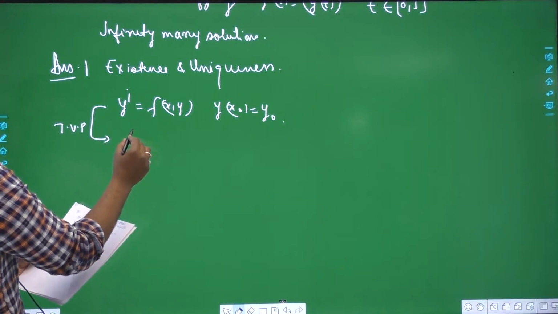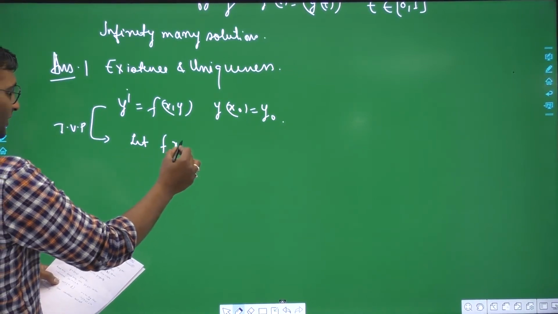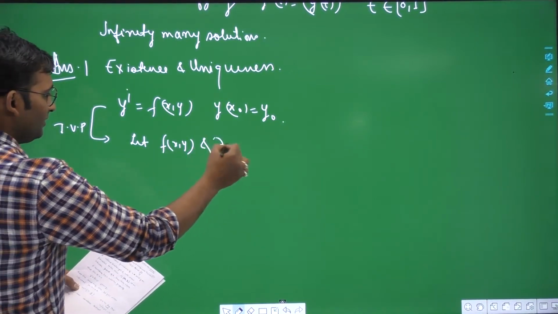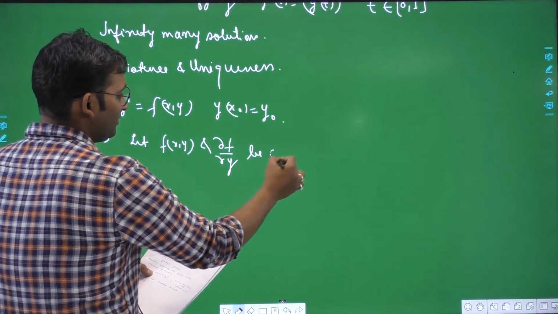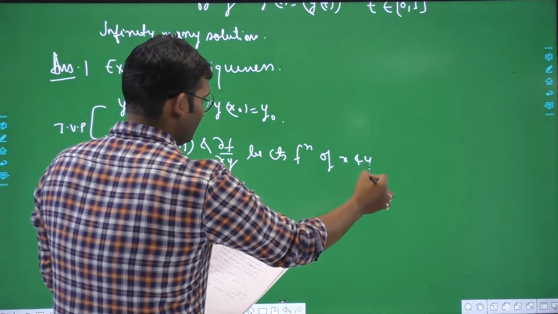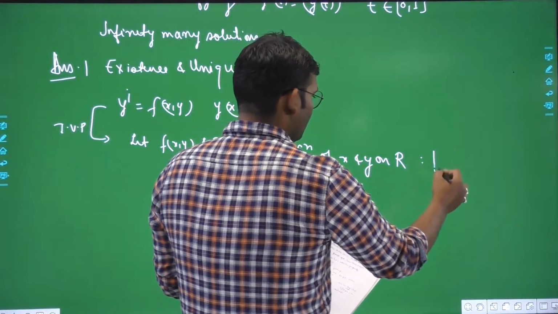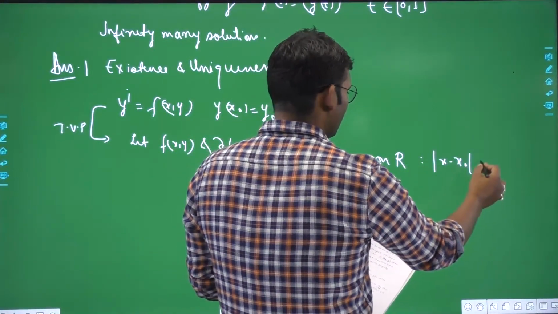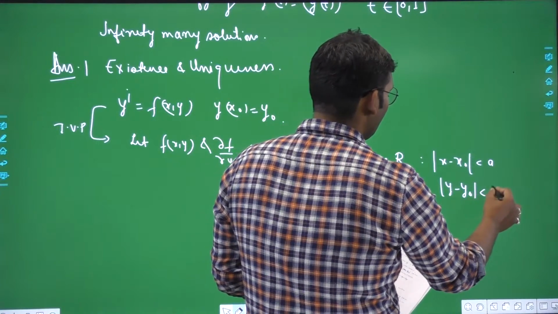The first condition is: let f(x, y) and del f upon del y be continuous functions of x and y on a rectangle R given by |x - x0| < a and |y - y0| < b.